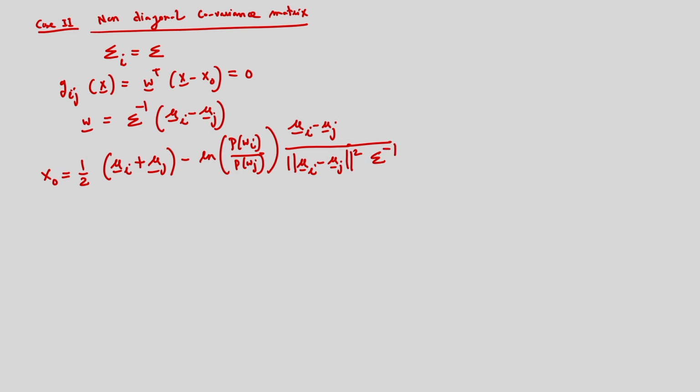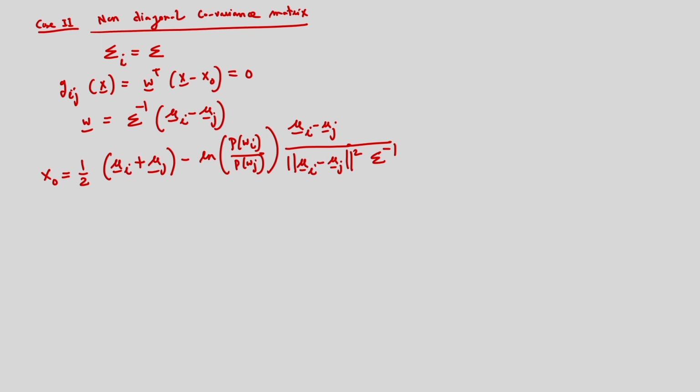So I can find the decision boundary like this. I can calculate the weight vector and also determine the point x naught. So the decision boundary will pass through the point x naught. But in this case, the hyperplane is no longer orthogonal to the vector w.